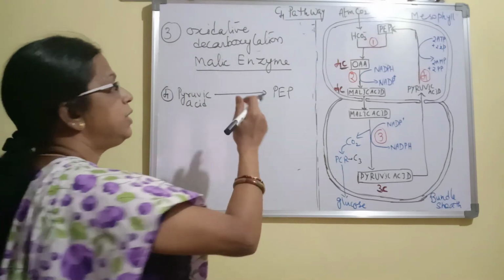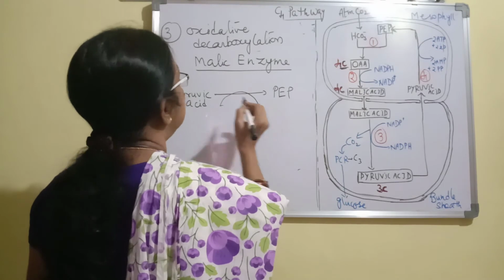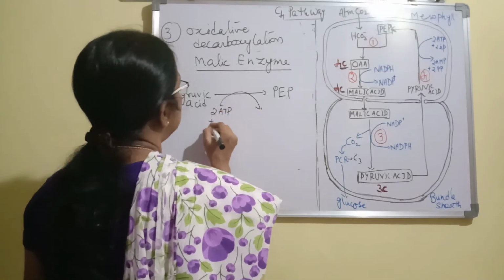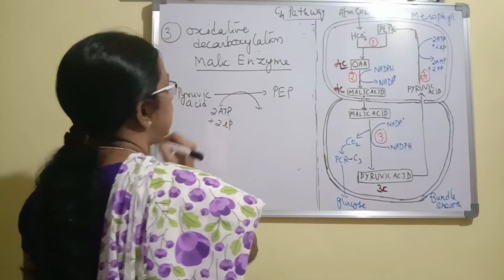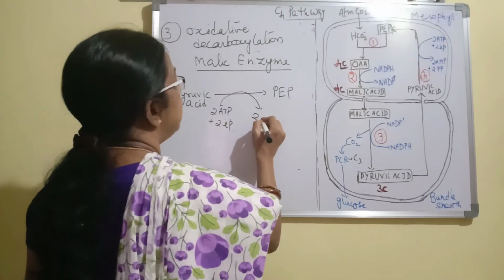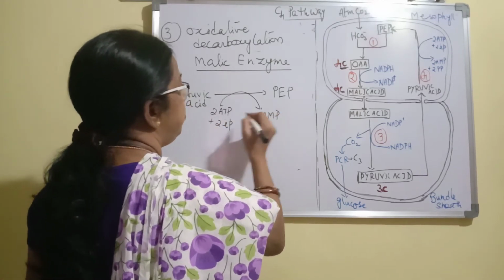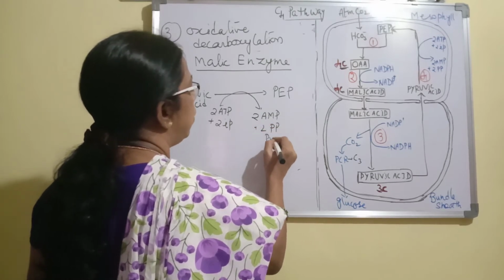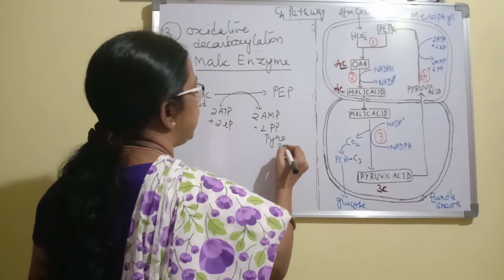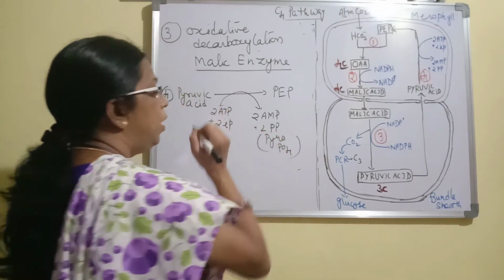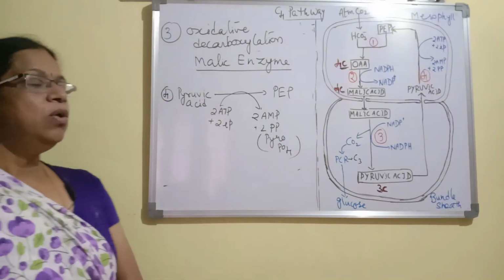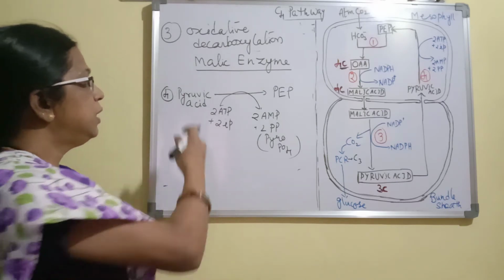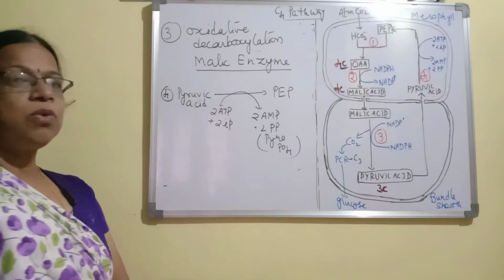For this, it requires 2 ATP molecules and 2 inorganic phosphate molecules, which are converted to 2 AMP plus 2 PP. PP stands for pyrophosphate. That means ATP is utilized here because phosphate is required.